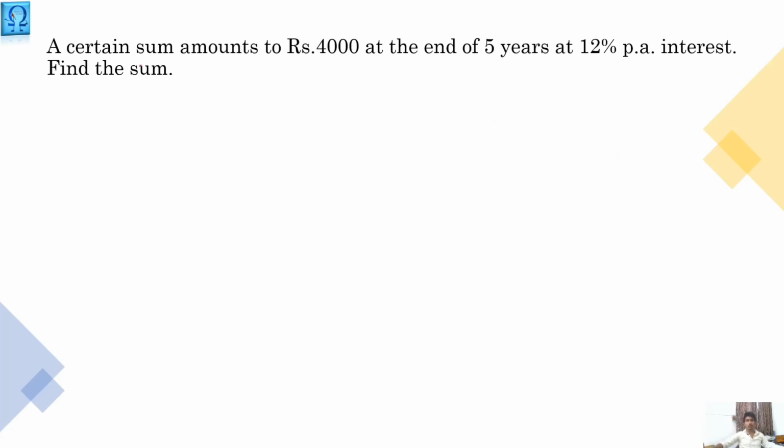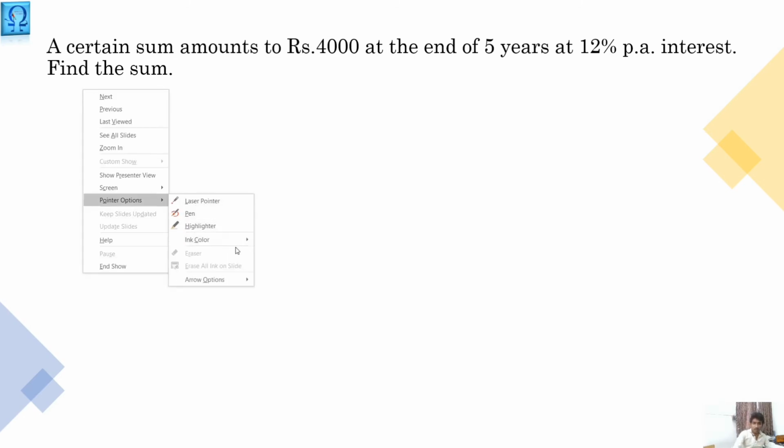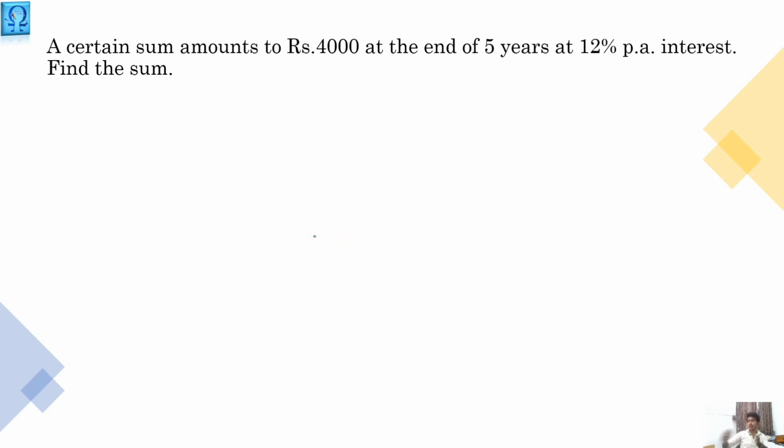And we'll see another problem. Okay, here a certain sum amounts to rupees 4000 at the end of 5 years at 12 percentage interest. Find the sum. Here what actually happened? Here it is given that a certain amount, which means you do not know initially what you had, but initially what you, being a mathematician, we are used to do this x and y, right?